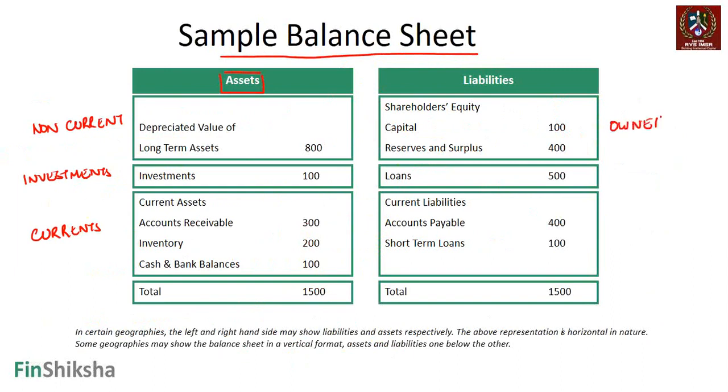This is what the owner puts in. Remember, reserves and surplus is the profit the company has generated but not paid back to the owner. You have non-current liabilities that come up, and then you have current liability that is typically less than 1 year, right? We will explain each of the terms that you see in a subsequent section as we go along.